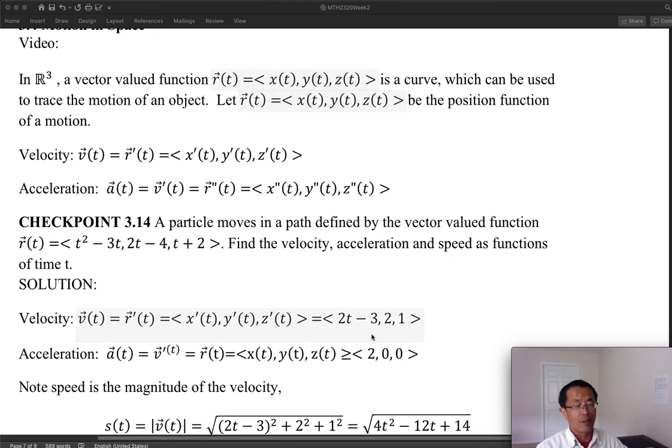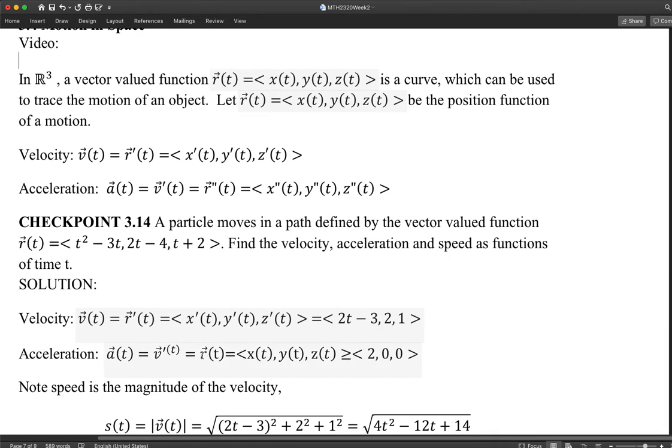Acceleration is a vector too. I forgot the double prime here. The acceleration is the rate of change of the velocity, or the second-order derivative of the position.